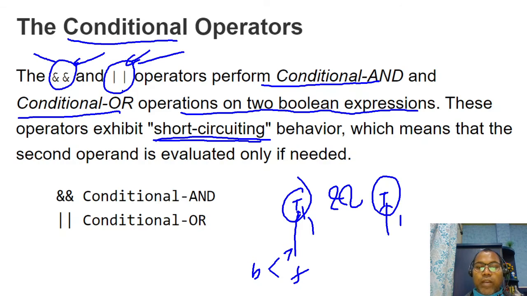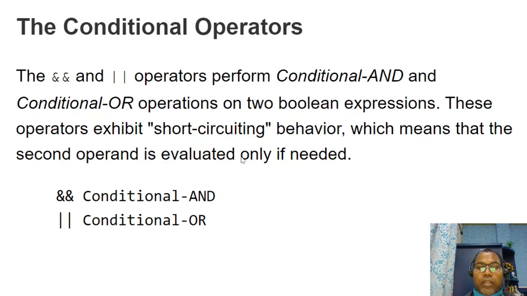So the possible values for AND and OR, let's create one table. We have a left operand and a right operand. It might be true and true, true and false, false and true, or false and false. Four possibilities.